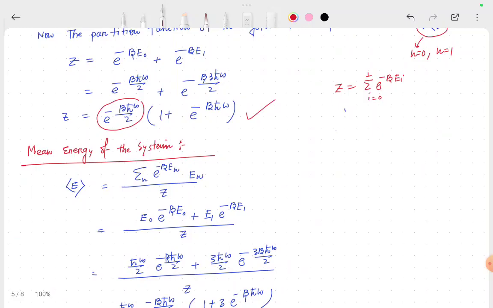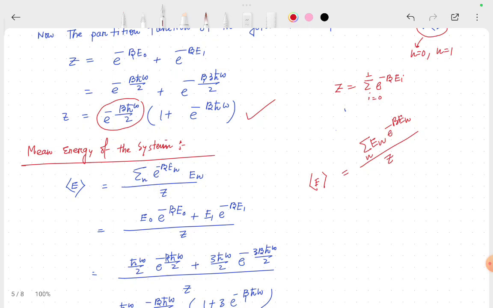Now from this partition function we calculate the mean energy. We know the exact formula of the mean energy. It equals the summation over En e to the power minus beta En upon the partition function. Okay, this is the exact formula of the mean energy.